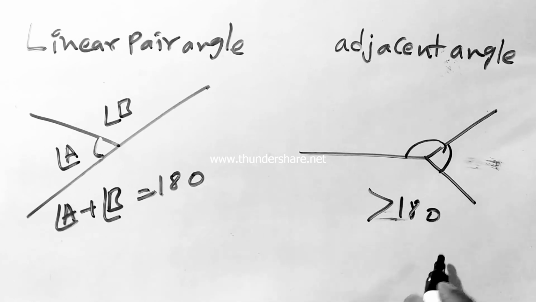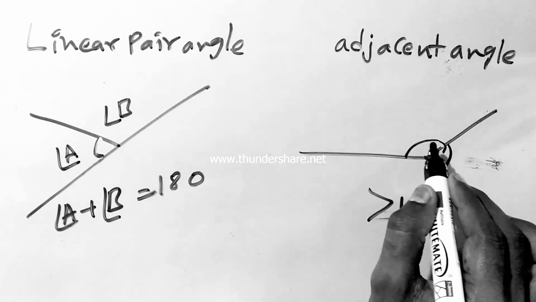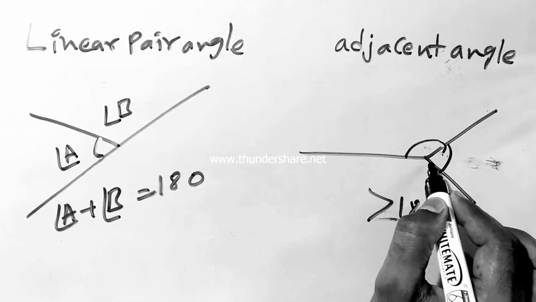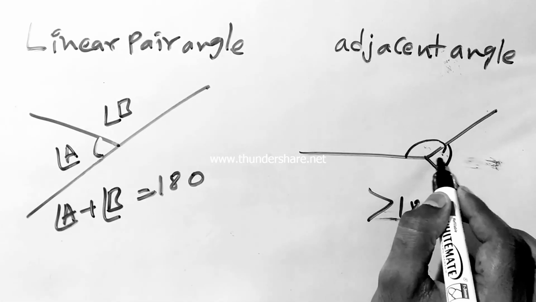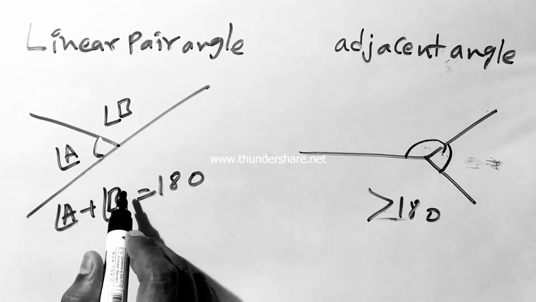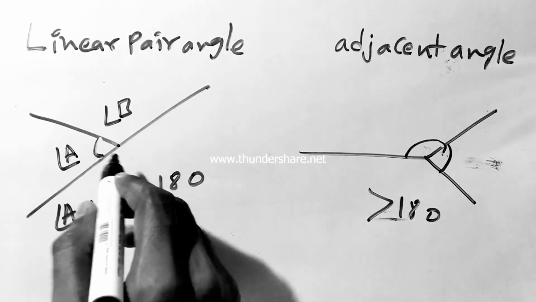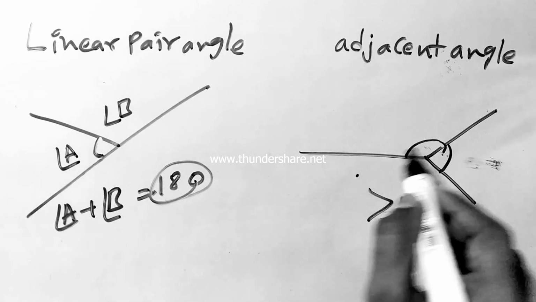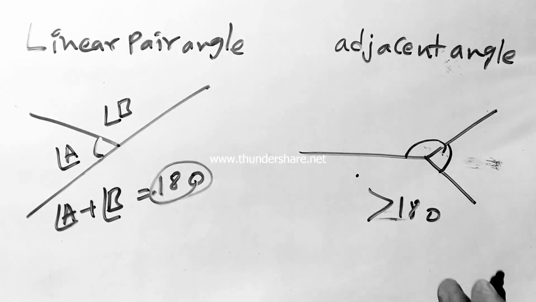The concept is they should be side by side, with a common arm and common vertex. Whereas for a linear pair, the sum of the two angles should be 180, and the adjacent angles should be side by side but not equal to a straight line, it may be less than 180 also.